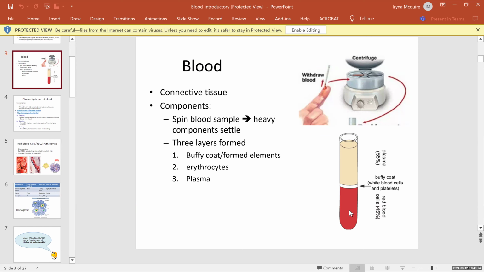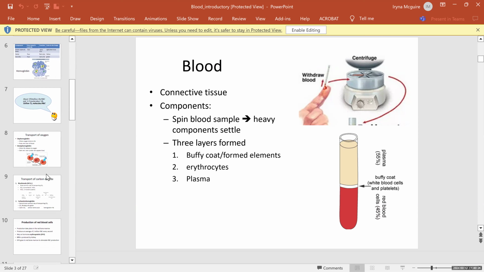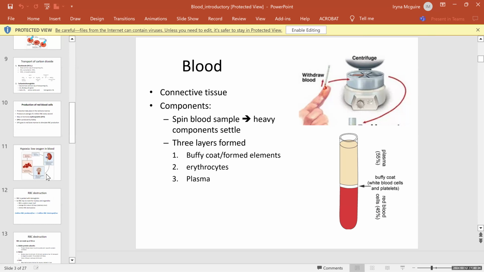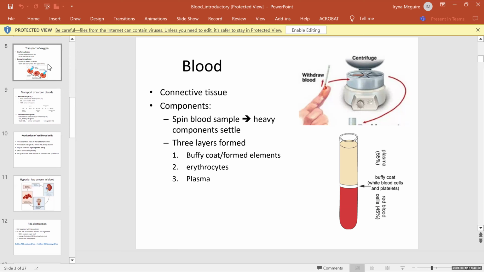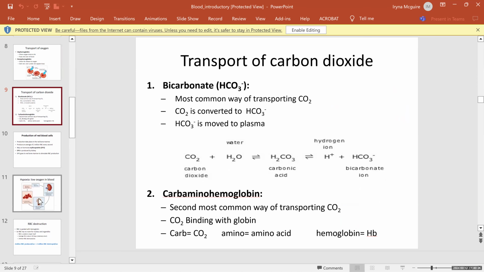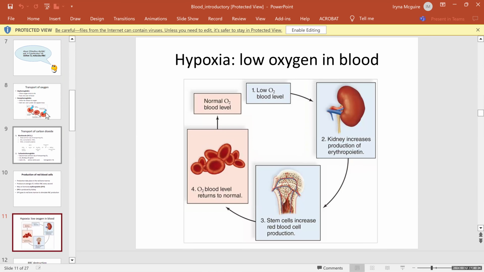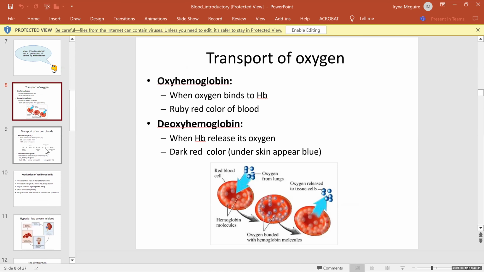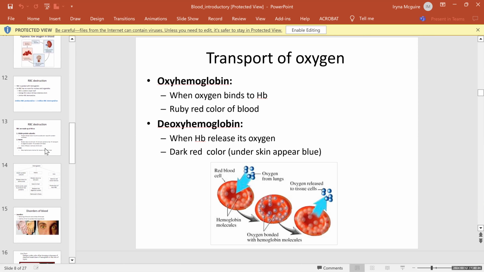Then these red blood cells, those are what we talked about over here. We talked about the function of red blood cells, structure, where they are formed, and how they are destroyed.